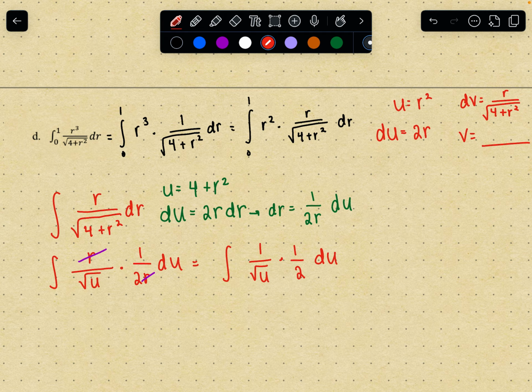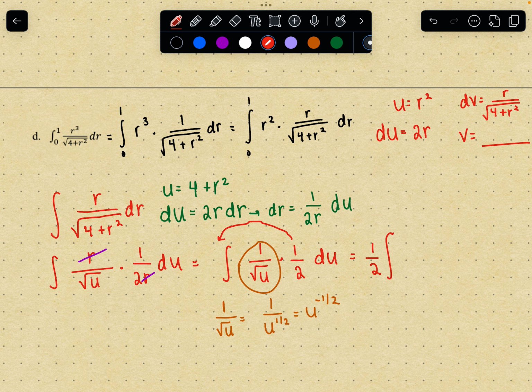What can we do with constants? Boom. And I'm going to rewrite this as, well, there's kind of a process here. This is the same thing as this, which is the same thing as this. Okay, hopefully that's not super foreign to you. And if it is, well, I'm sorry.